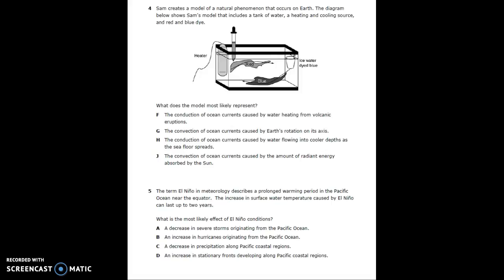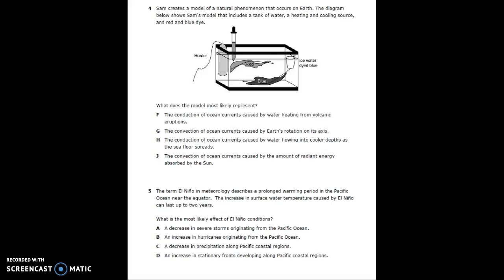Question number 5. The term El Niño in meteorology describes a prolonged warming period in the Pacific Ocean near the equator. The increase in surface water temperature caused by El Niño can last up to 2 years. What is the most likely effect of El Niño conditions?